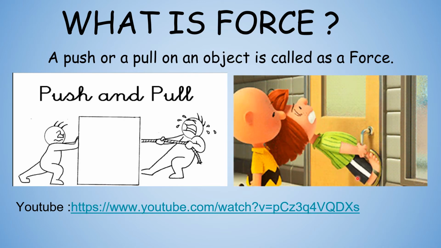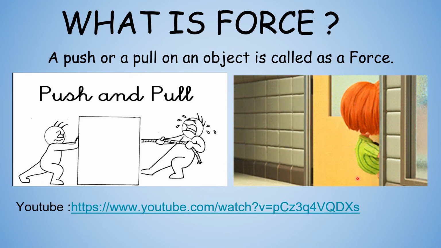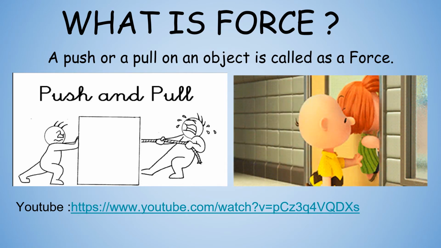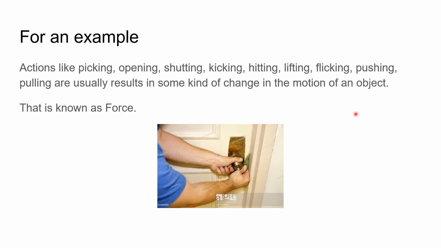If the net force on an object is zero, it will remain in its original state, about which we will look in detail a little later in this topic. Actions like picking, opening, shutting, kicking, hitting, lifting, flicking, pushing, pulling usually result in some kind of change in the motion of an object, and that is known as force.